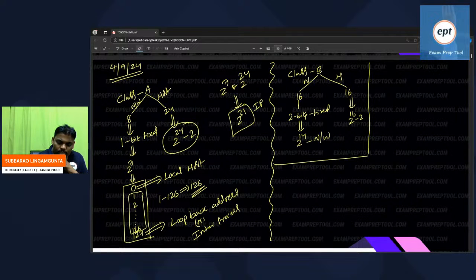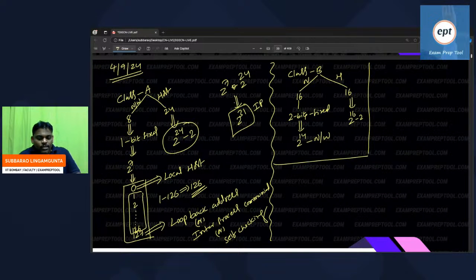Loopback address, inter-process communication, also called self-checking.